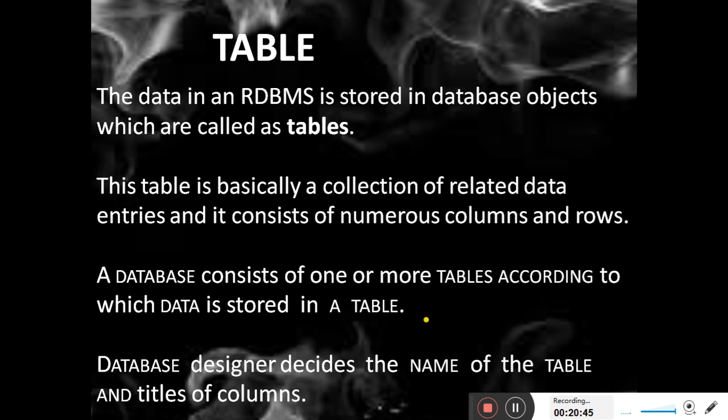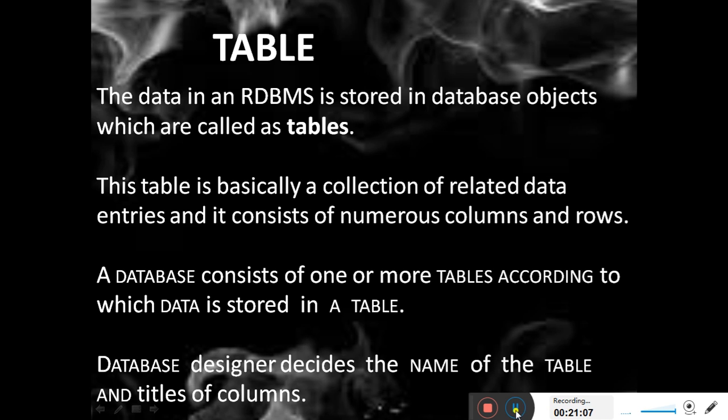Whenever you are creating a table by using the create table command, a name is assigned there. For example, create table student, and then in brackets you assign the field names, that is roll number.